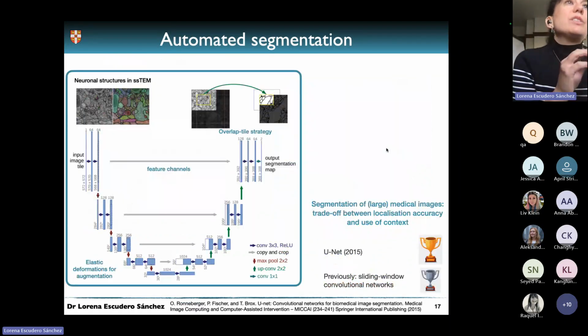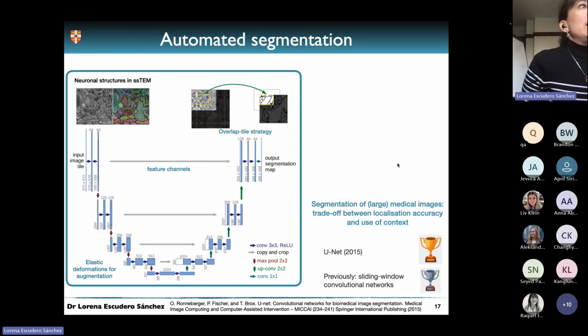But how did we do this? I said that we are using U-Nets, and I don't know if everybody's familiar with U-Nets, so I have just a couple of slides to go through them very quickly. They appeared in 2015 for segmentation of large biomedical images.